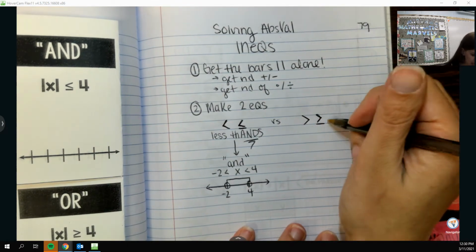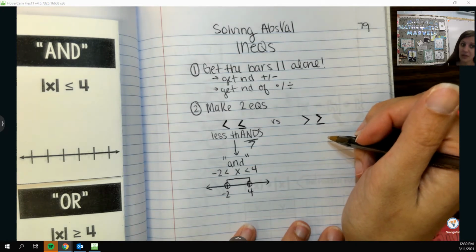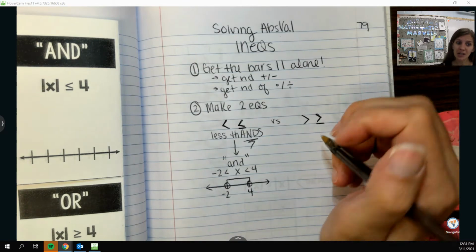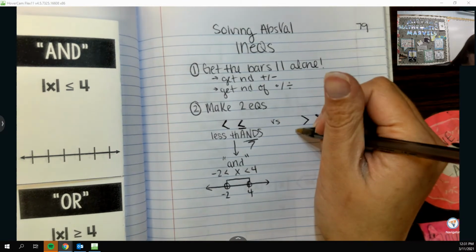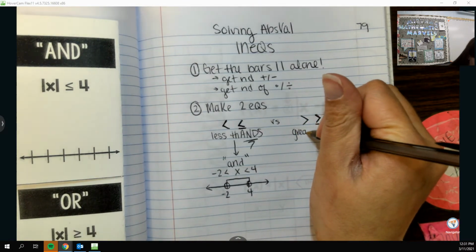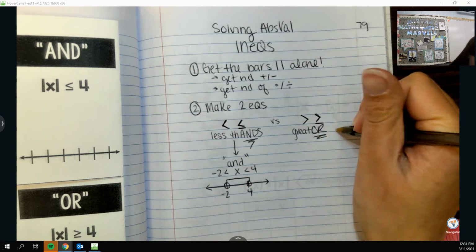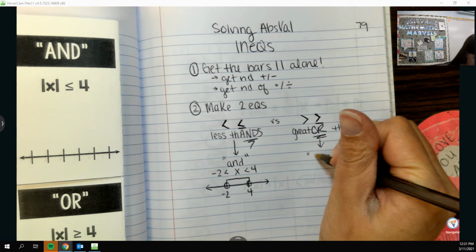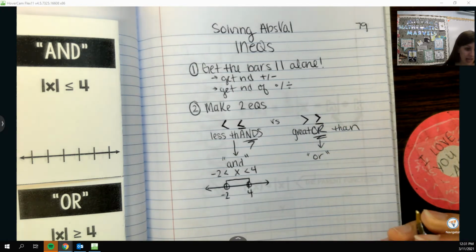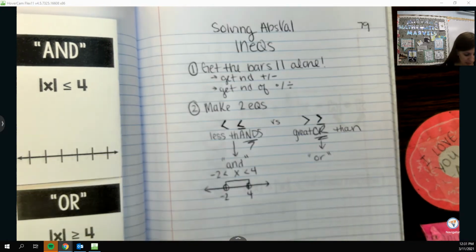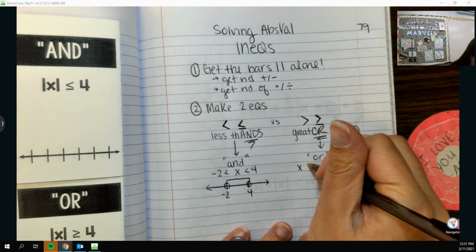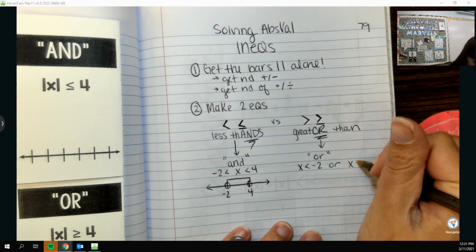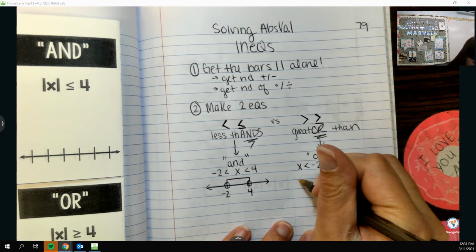With the other ones, these are greater than, but if you kind of say it weird, greater than, you'll remember greater than is going to make an or inequality. Now, when you had an or inequality, they were just separate. So it was kind of like x is less than -2 or x is greater than 4.